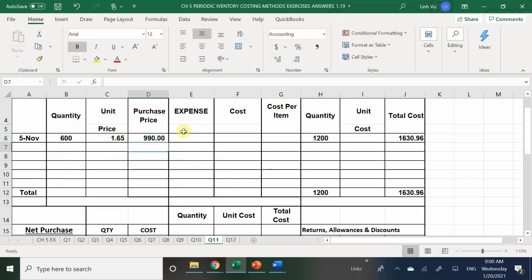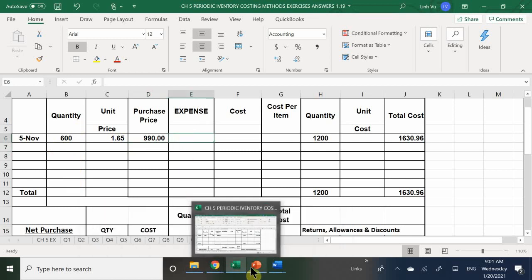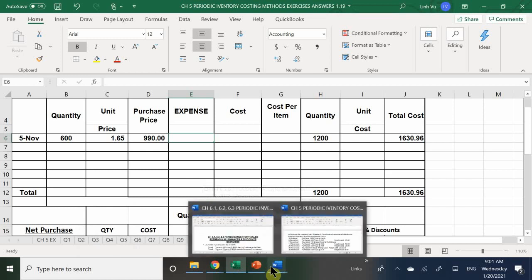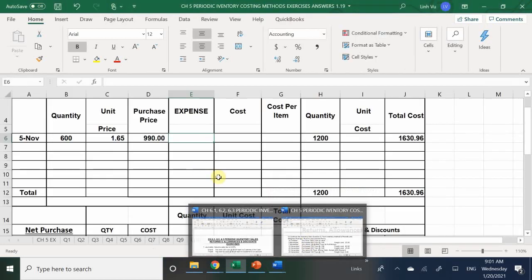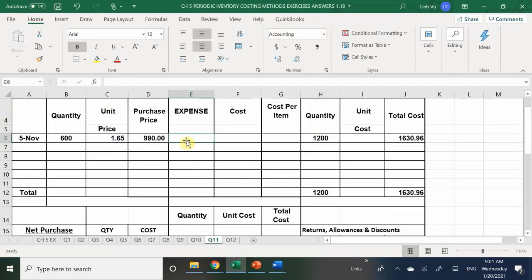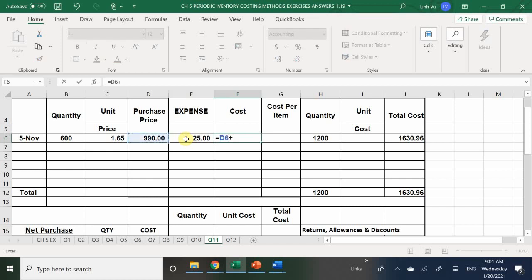Sorry, 990. And freight was $25. Okay, so what is my total here? 1015. Okay. Do we need to do our average cost per item right now?